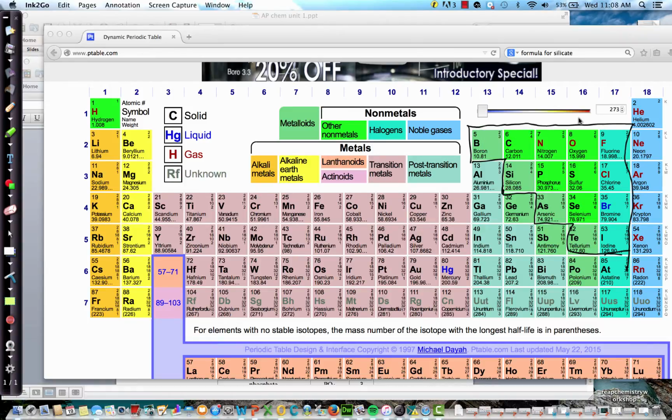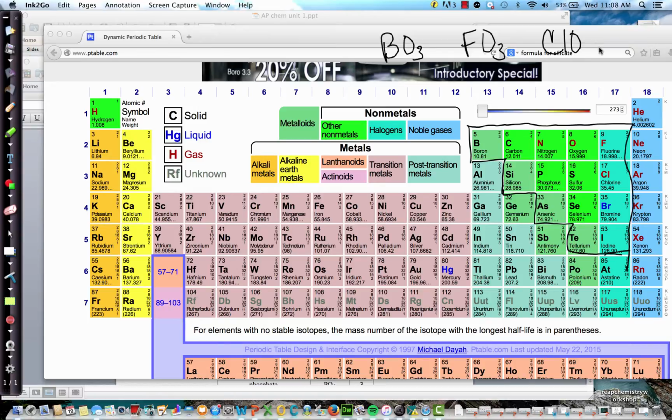If the element is on the outside of the plane, on the wings of the plane, when it makes an -ate, like carbonate, borate, nitrate, it's going to bond with 3 oxygens. So borate, because it's on the outside, will bond with 3 oxygens. If it was fluorate, it would bond with 3 oxygens as well.